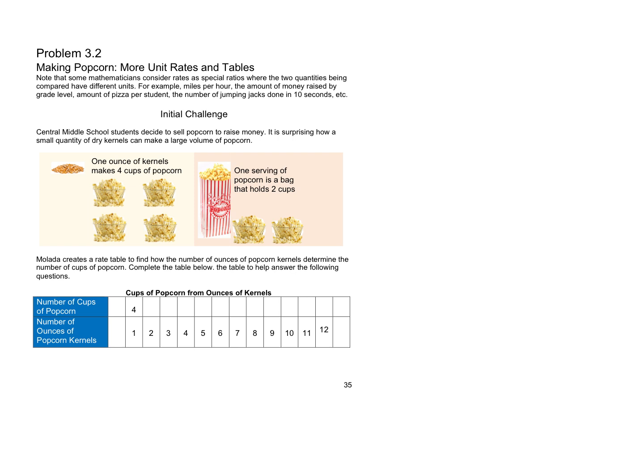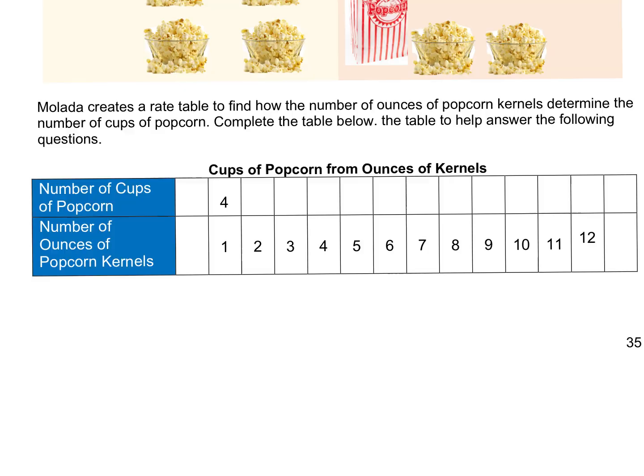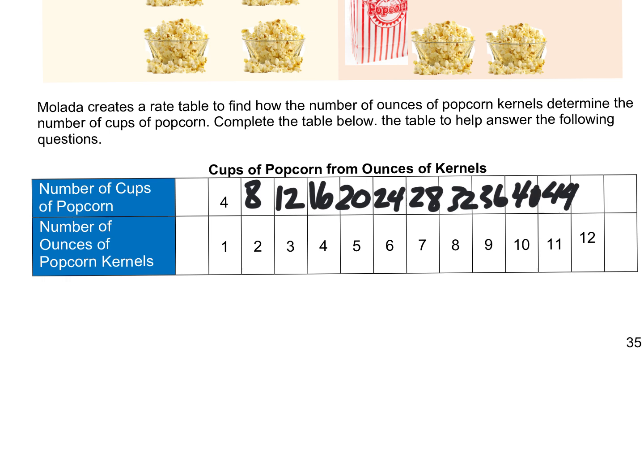Okay, so let's fill out the rate chart here for cups of popcorn from ounces of kernels. We know the ratio is for 1 ounce of popcorn kernels, we get 4 cups, so 2 would be 8, 3 is 12, 4 is 16, 5 is 20, 24, 28, 32, 36, 40, 44, 48.